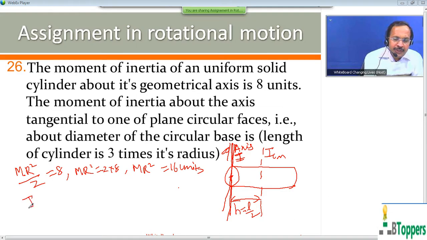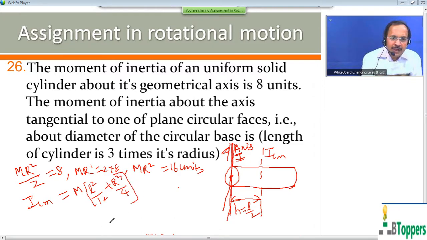So the moment of inertia about the axis passing through the center of mass of the cylinder, perpendicular to its length, is given by m into L square by 12 plus R square by 4. Here it is given that the length of the cylinder is 3 times its radius, so you can write L equal to 3R.